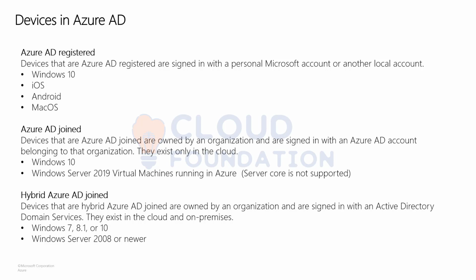So for your on-premises hybrid solutions, if you want to create all these device registrations, that can be done with your Azure Active Directory. Even if you are a new organization setting up a new resource, you don't have to purchase or create your on-premises Active Directory. You can directly start working with Azure Active Directory.